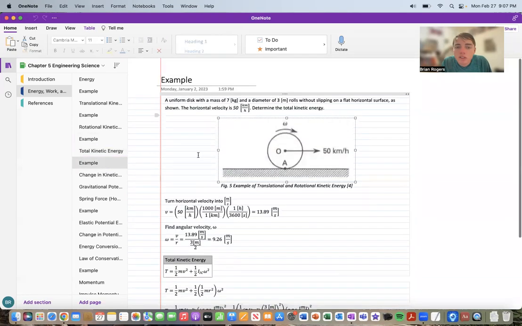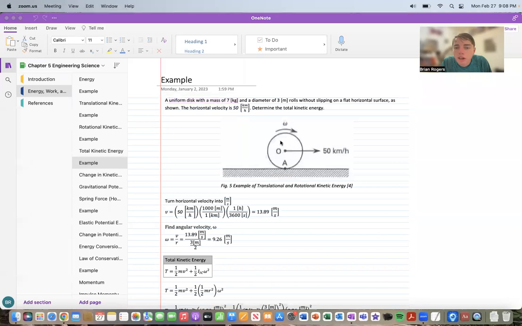Now, we're going to look at an example where we're given a uniform disk with a mass of 7 kilograms. So this disk right here has a mass of 7 kilograms, and it has a diameter of 3 meters.